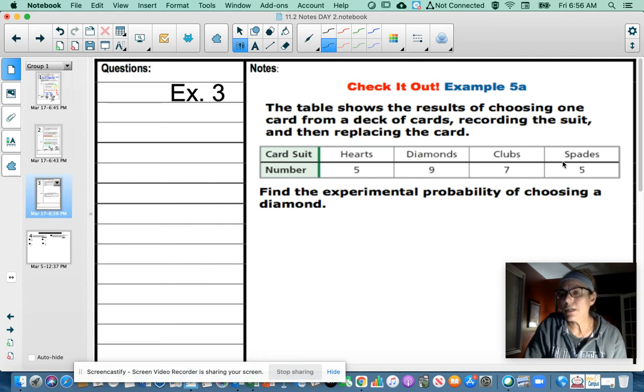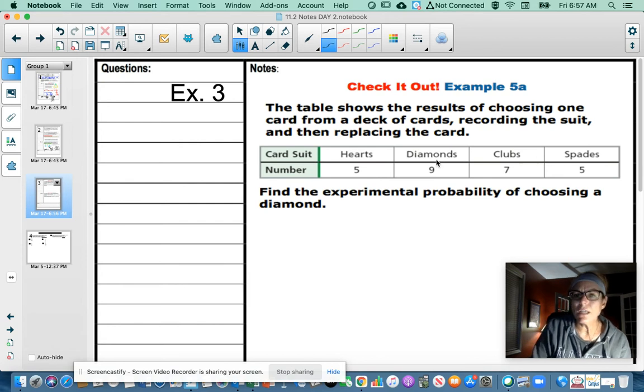We have hearts, diamonds, clubs, and spades on cards. 5 different times when we did this experiment, we picked a card that has a heart on it. 9 times we picked a diamond. 7 times we picked a club. And 5 times we picked a spade.